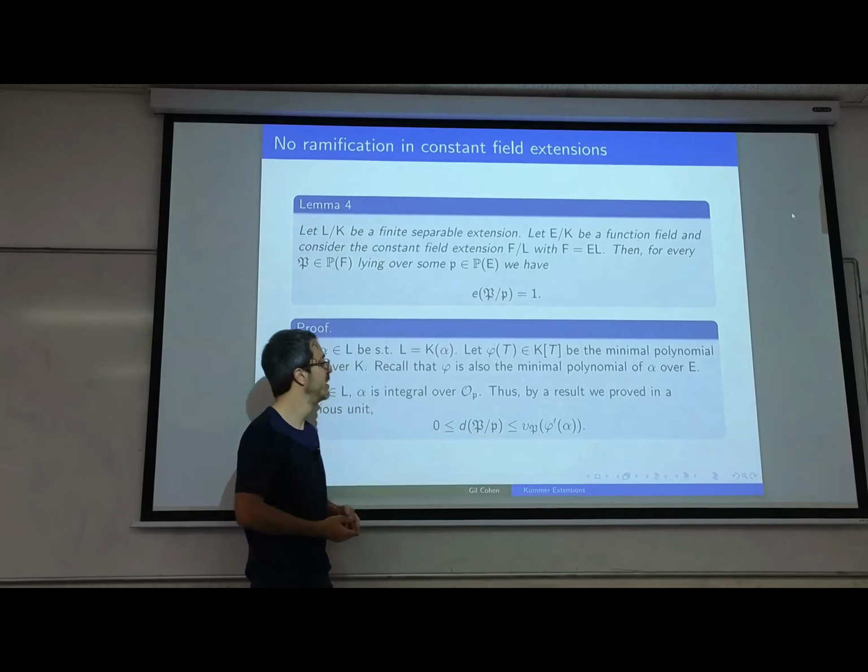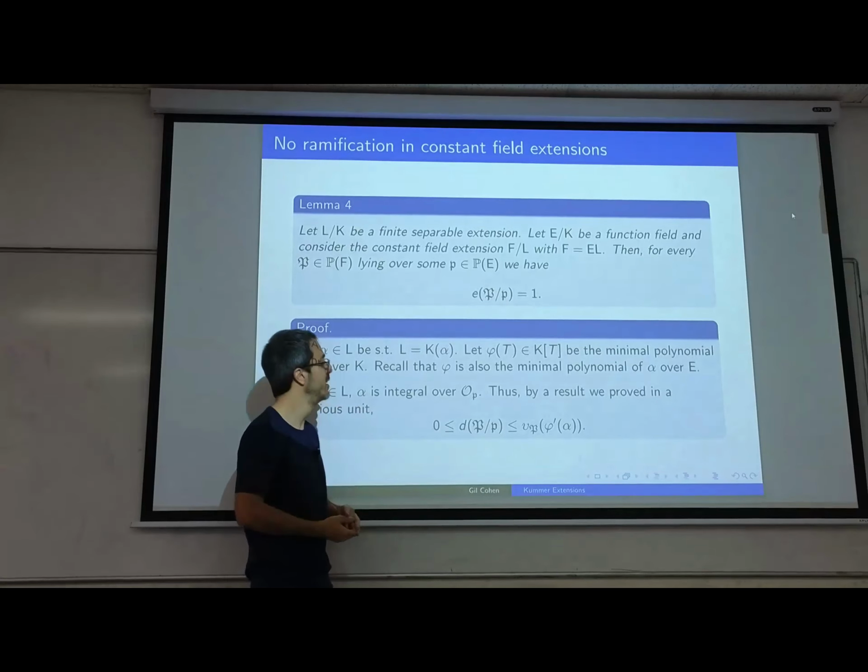Now alpha is in L, so it's definitely integral over OP. What does it mean for an element to be integral over OP? It means that there should be some monic polynomial, particularly the minimal polynomial, all of whose coefficients are in OP. That's the test for being integral over any ring: by definition, there is a monic polynomial that vanishes at alpha whose coefficients are in OP.